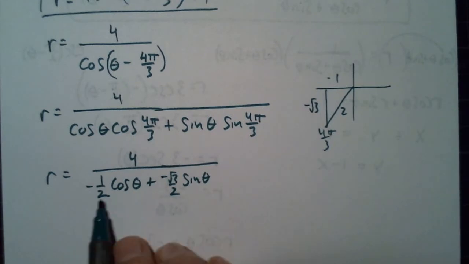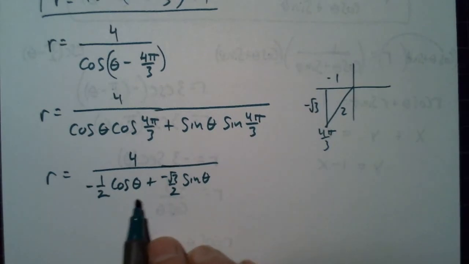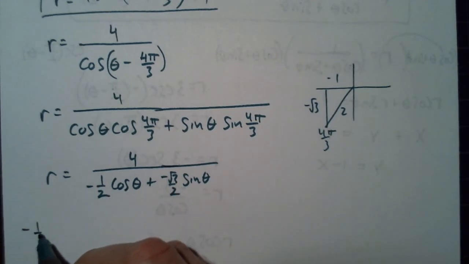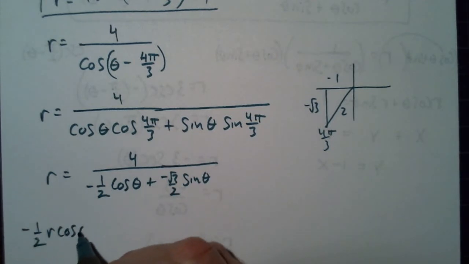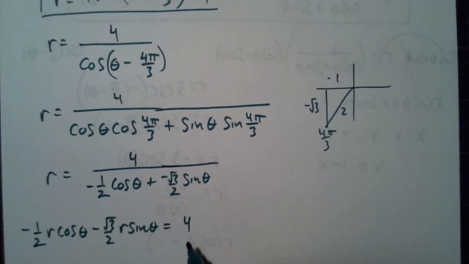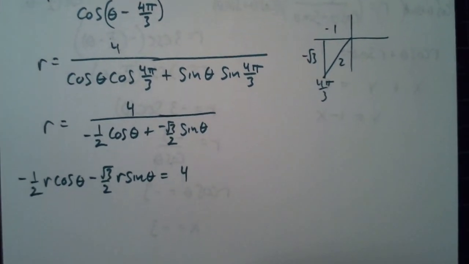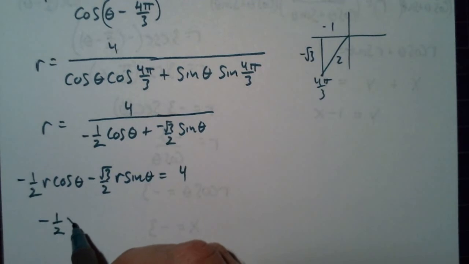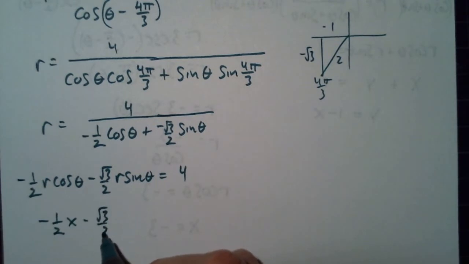And then when we multiply both sides by the denominator, then we'll get the r times each of these. So we have negative 1/2 r cosine theta minus radical 3 over 2 r sine theta. R cosine theta is x, and r sine theta is y.